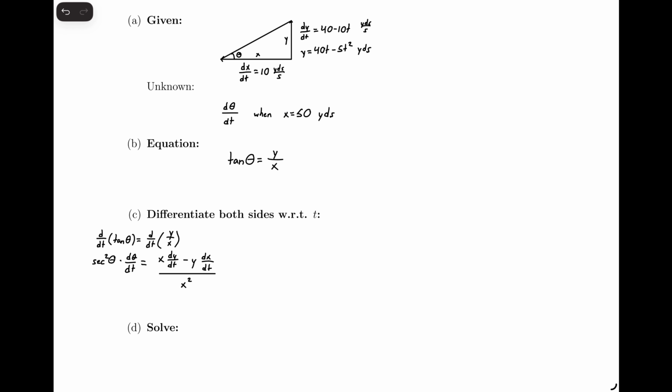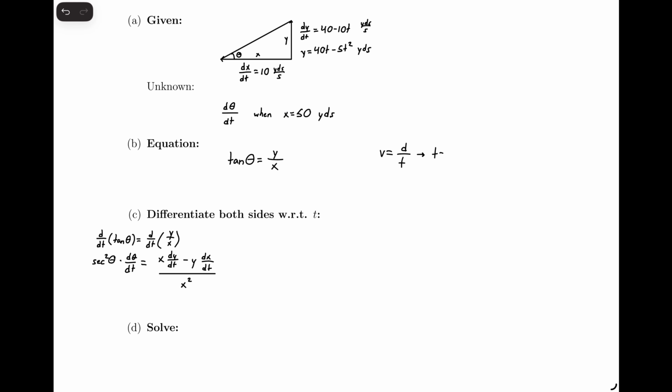I know that we're examining this problem when x is 50. We don't have the associated t. So let's think through that. We know the student is traveling at 10 yards a second, so that's velocity, and velocity is equal to distance over time. So I solve this algebraically.